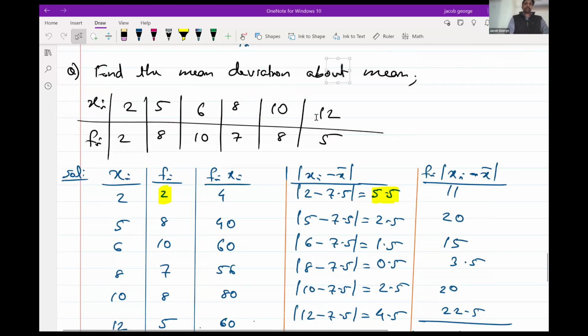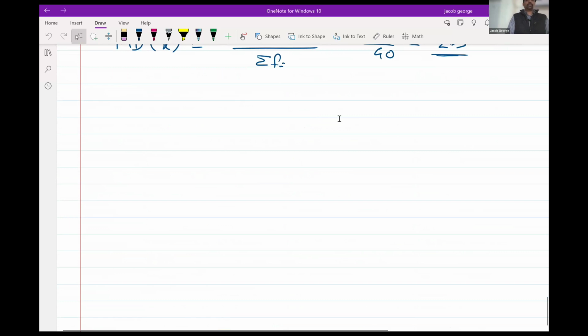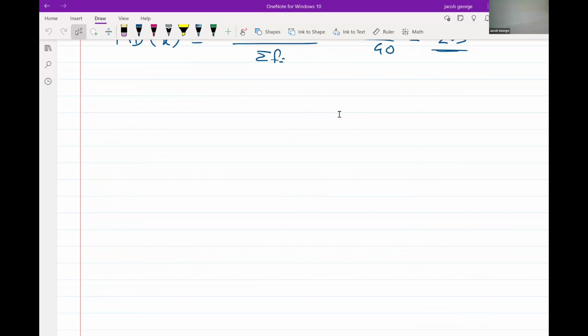So write the next sum of group discrete data for the mean. Find the mean deviation about mean of the following data.